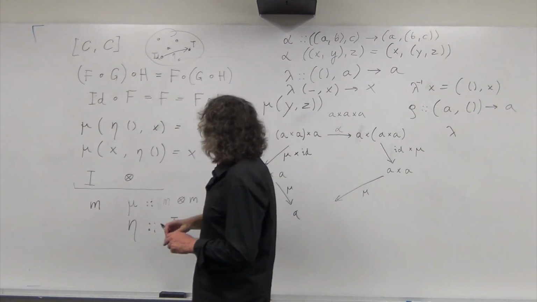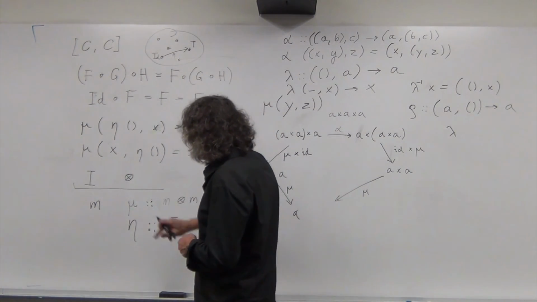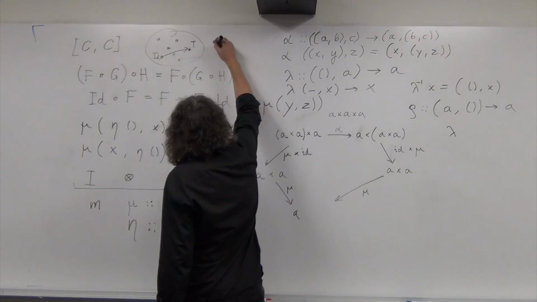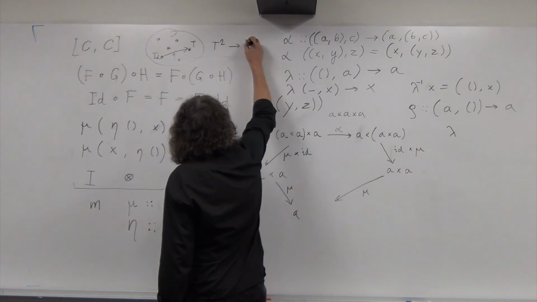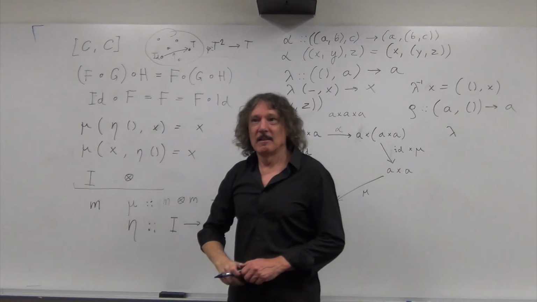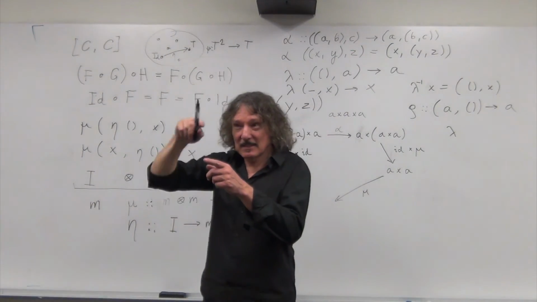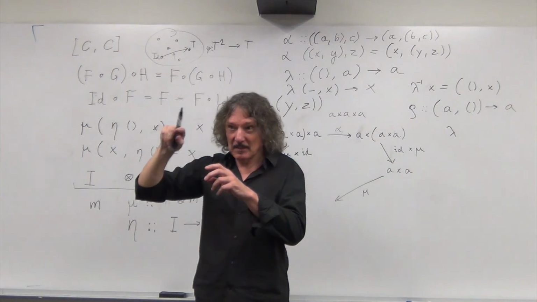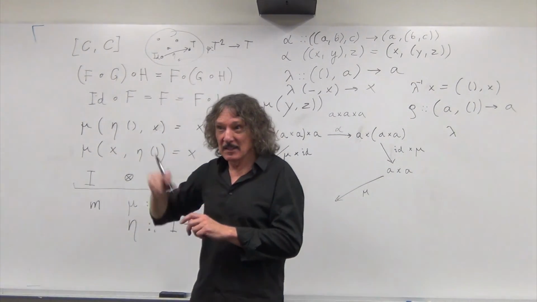And now multiplication, mu, goes from T squared to T, right? That's our mu. T squared means T after T, square in the sense of the tensor product in our category.